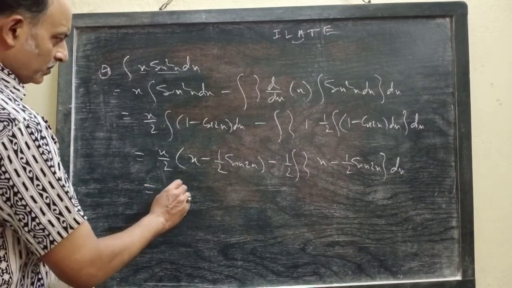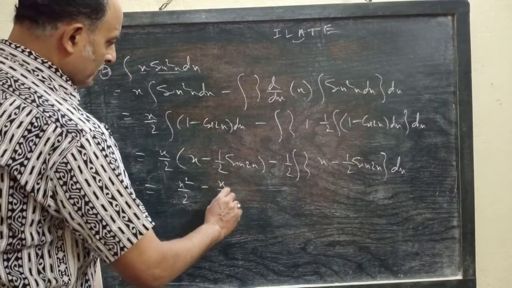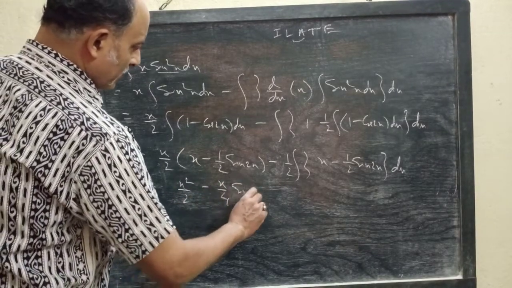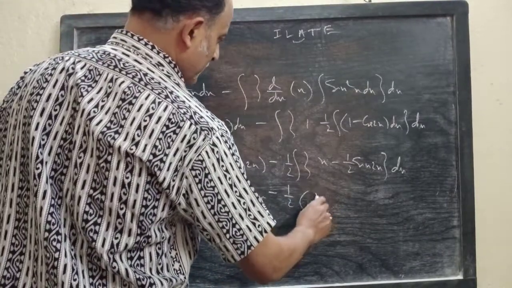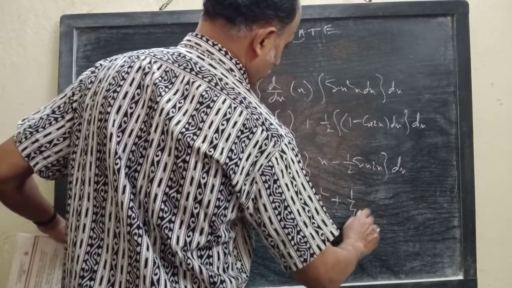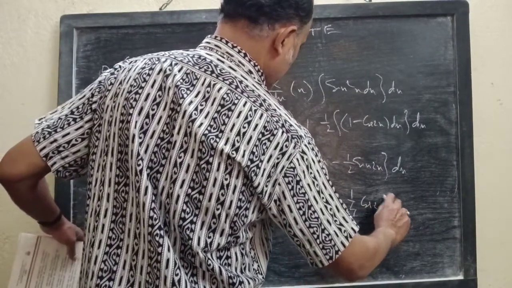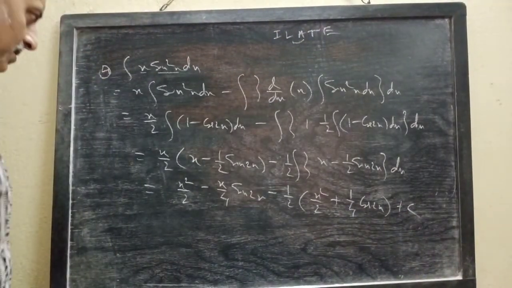Now this becomes x square by 2 minus x by 4 sin 2x minus half into x is x square by 2. This will be plus 1 by 4 cos 2x plus c. Let me arrange this.